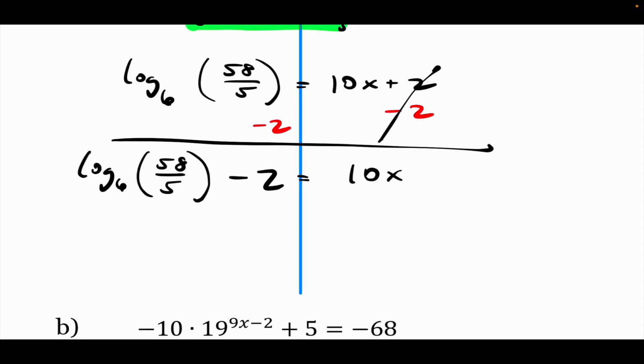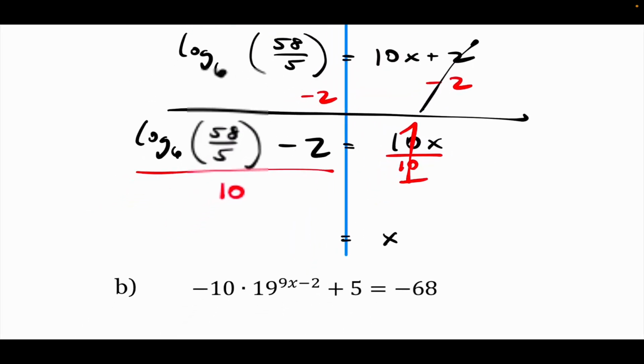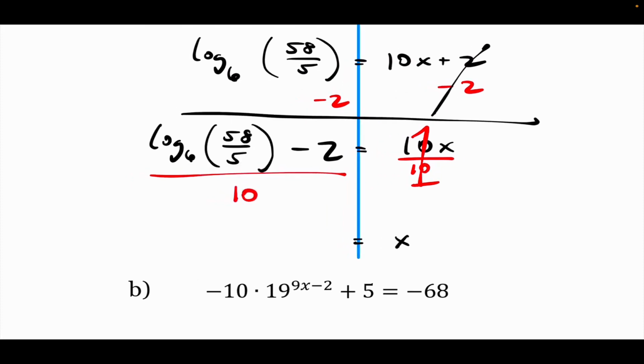Divide by 10. Again, that's the exact answer, but they want me to round it. That's what they said in the directions. So I'm going to have to go step by step.